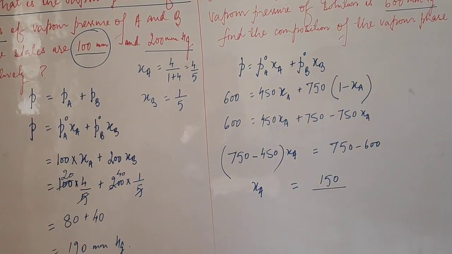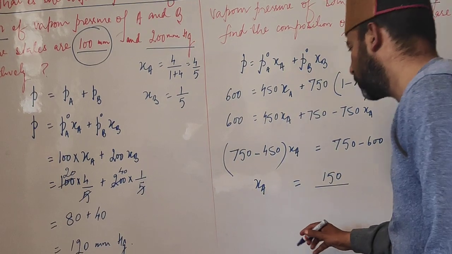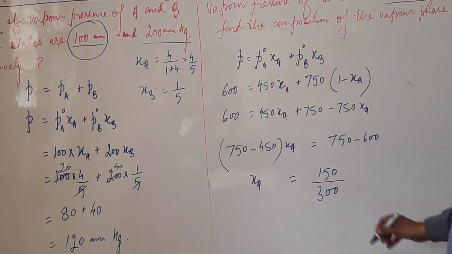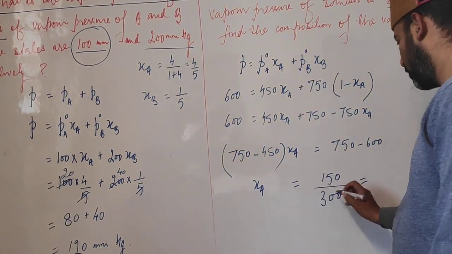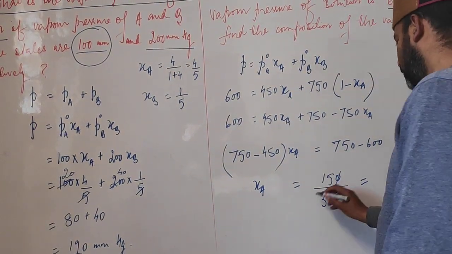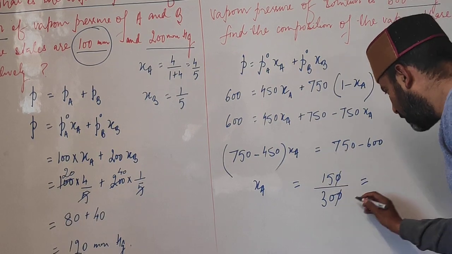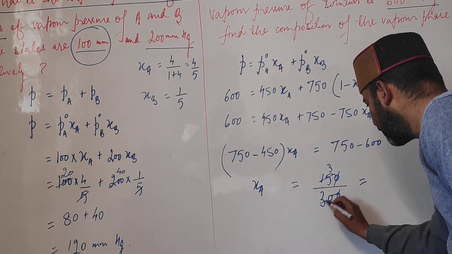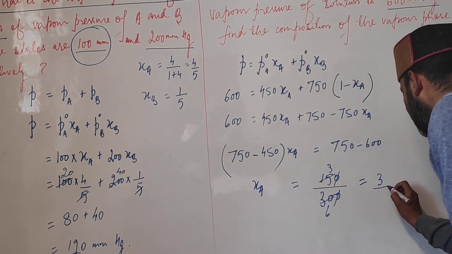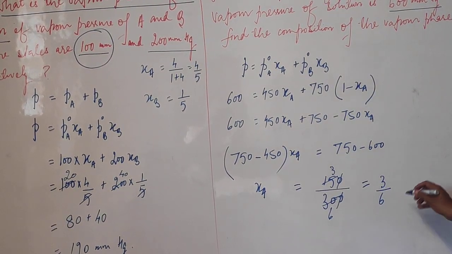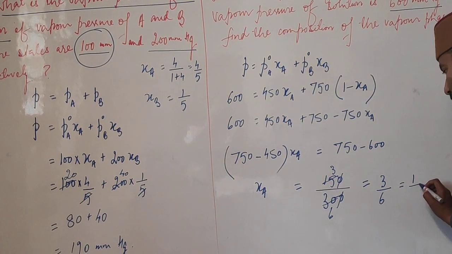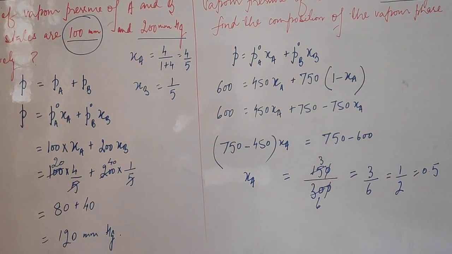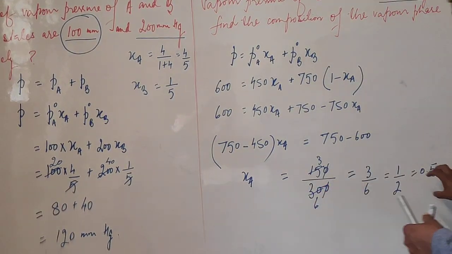So 750 minus 450 is 300. Solving this, we get the mole fraction of one of the components: 150 by 300, which is 1 by 2 actually. So 0.5.